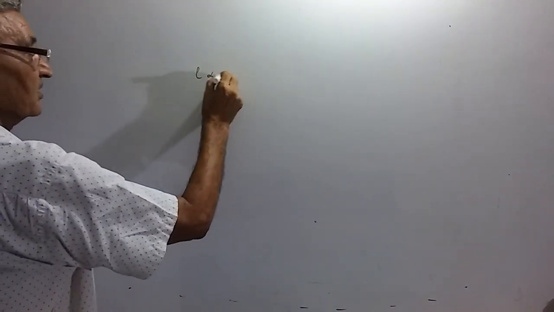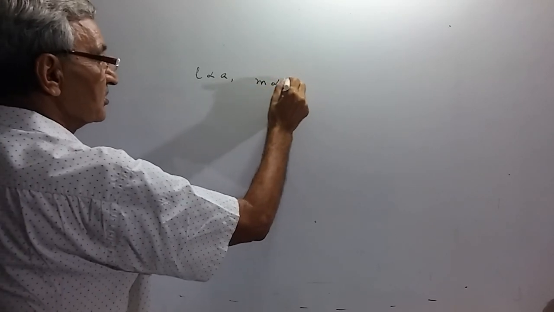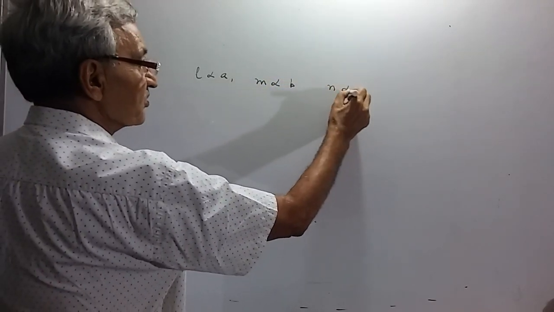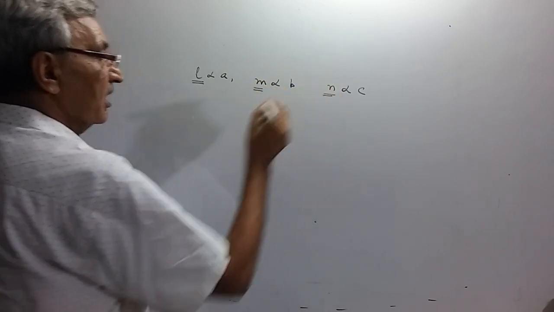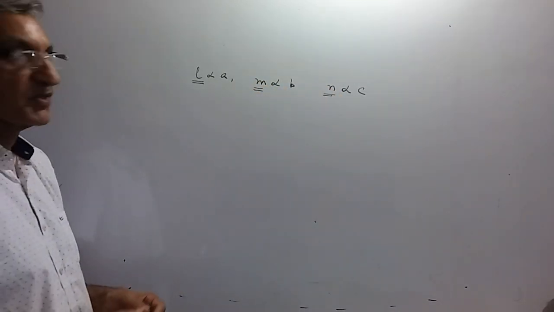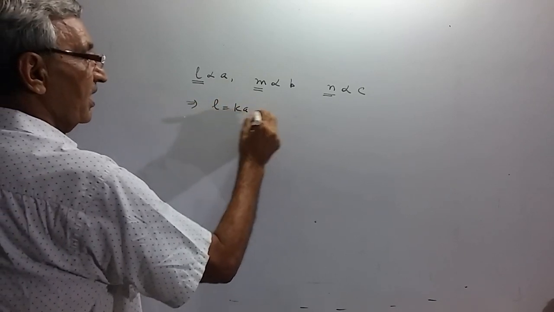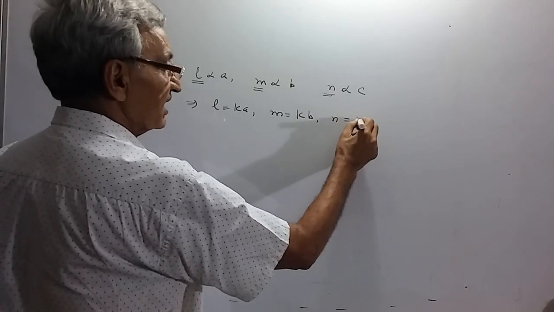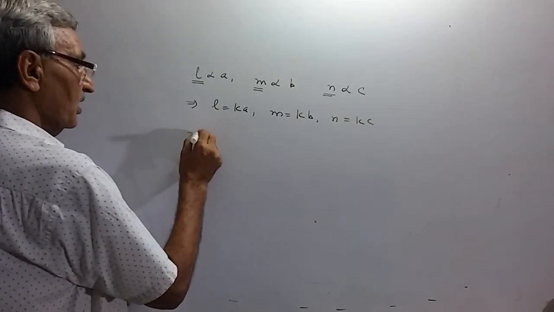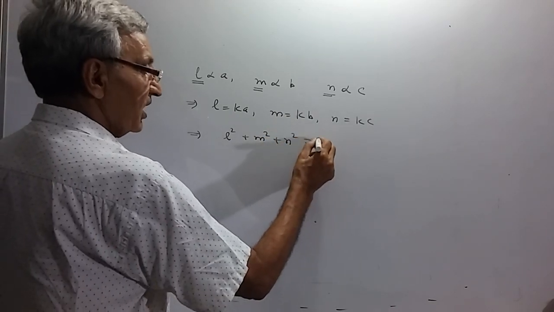But for direction ratios, suppose L is proportional to A, M is proportional to B, and N is proportional to C. So L, M, N I am denoting as the direction cosines. So L is equal to K into A, M is equal to K into B, and N is equal to K into C. I know L square plus M square plus N square is equal to 1.